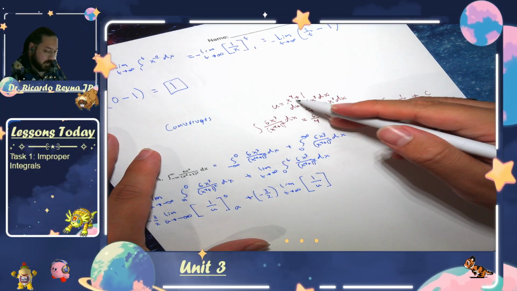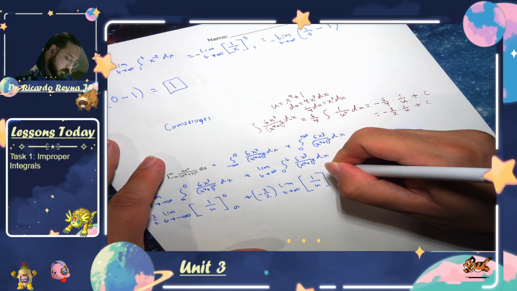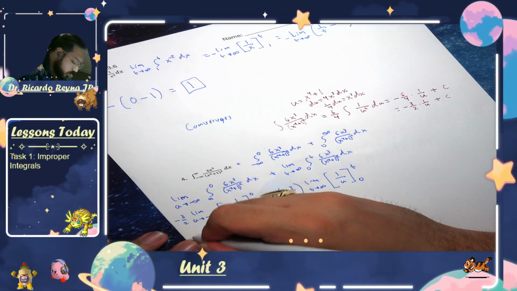Oh, I forgot to plug back in u here. It doesn't matter, I can still do it. I just will have to take an extra beat to write it out. We can still very much do it.